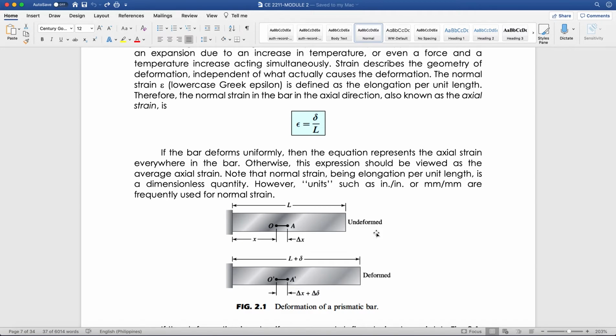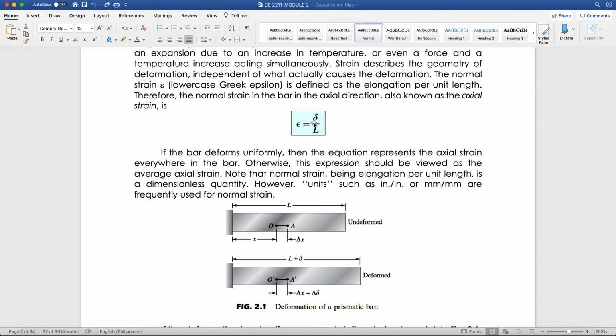Now, once there is already a loading, and that loading is applied here at this part, it will pull this material, and therefore there will be an elongation. And that is what we call the strain, yung elongation, yung deformation, yung change.